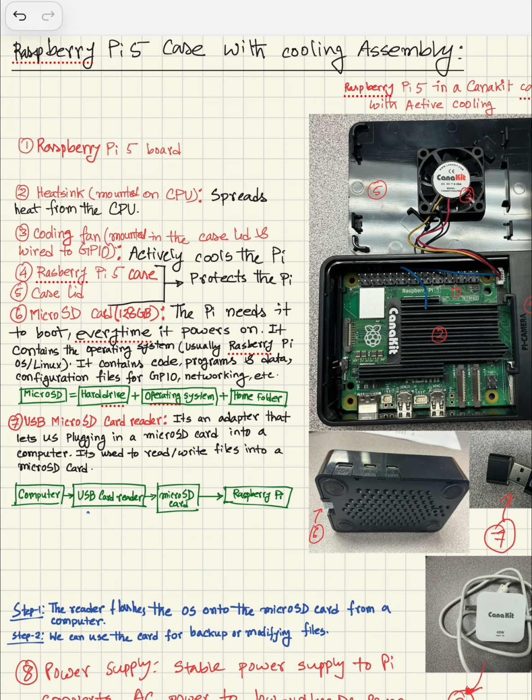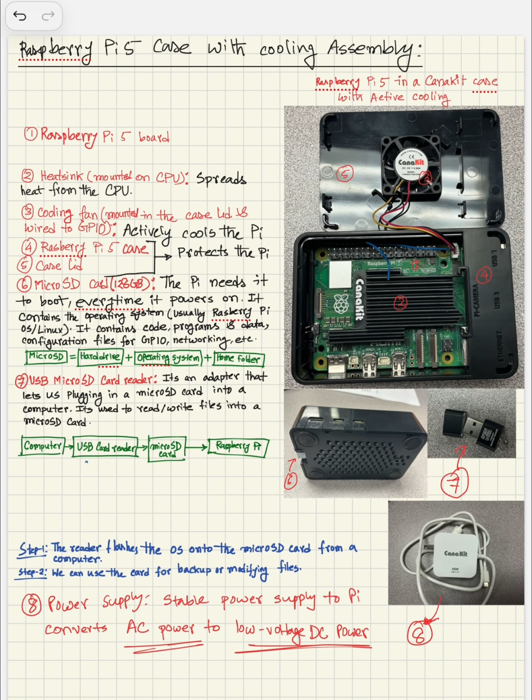This is kind of an analogy, but in detail, the Pi needs it to boot every time it powers on, and it contains the operating system, usually Raspberry Pi operating system or Linux, and it also contains the code, programs, data, configuration files for GPIO, networking, etc. So the micro SD card is holding a bunch of things, and these are probably the main things that we can remember.